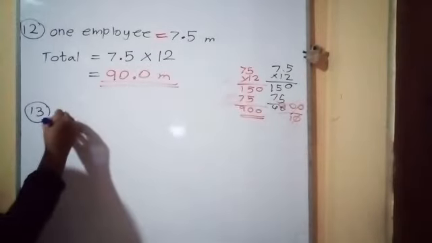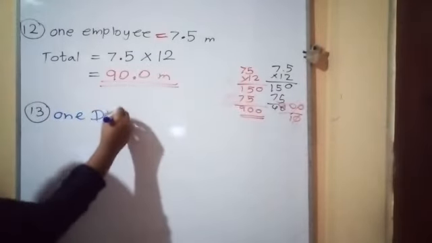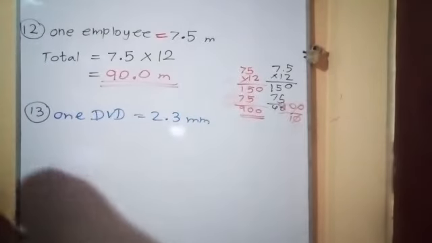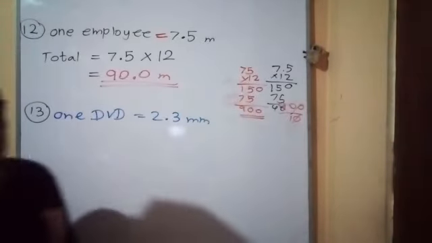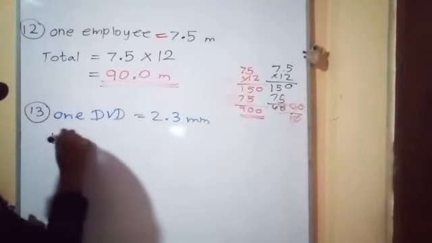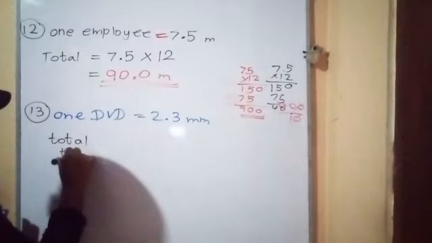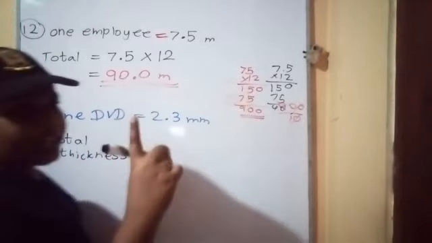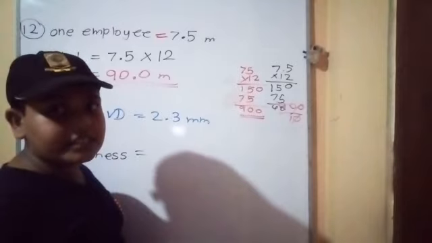That means now one DVD is 2.3 millimeters. So let's find the total thickness. Now what is the total thickness? There are 5 DVDs.